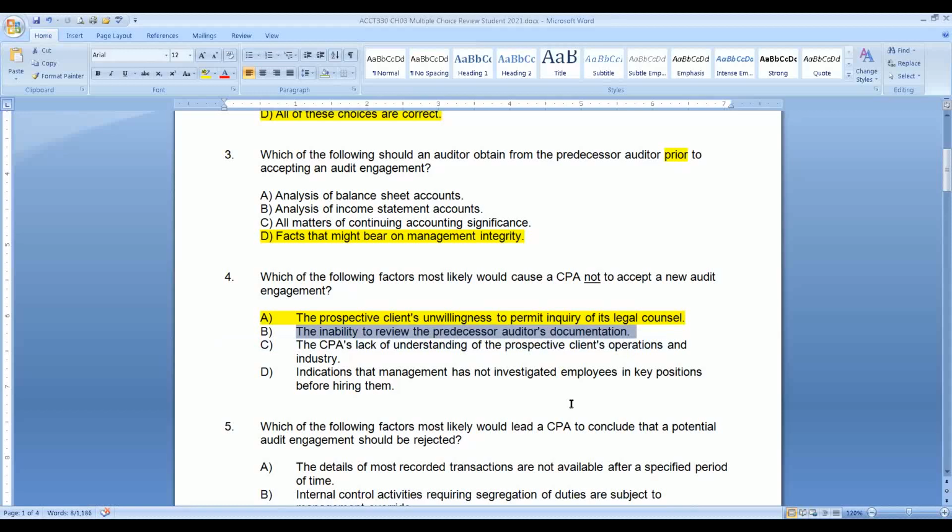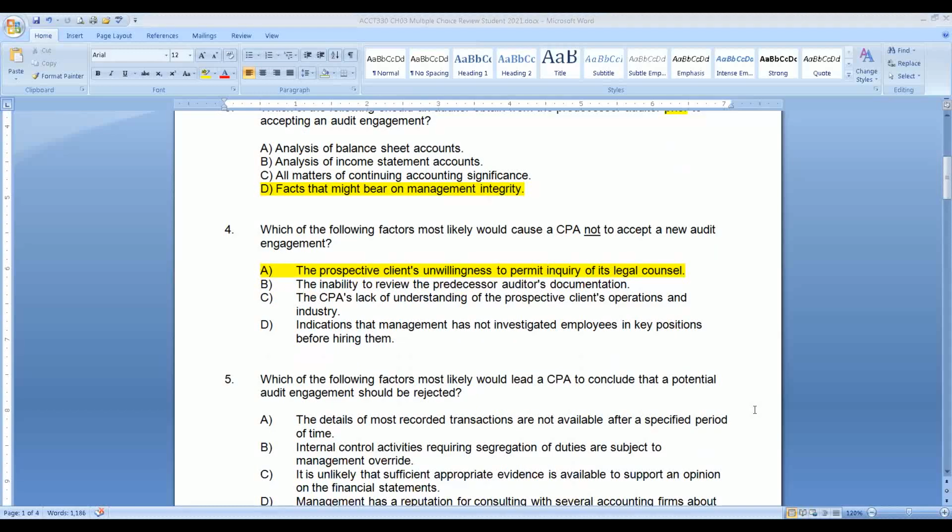You are if you can. It's possible that the predecessor auditor has died, left the country. There are reasons why you might not be able to do that. Sometimes people just get up and leave. So you ask the client, can I talk to your previous auditor? Yeah, if you can find them, go ahead.